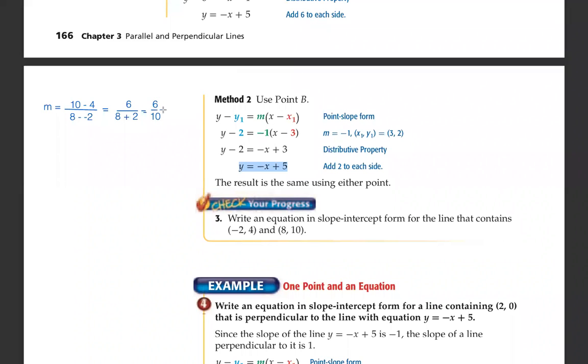And what's the simplified value of 6 over 10? I say 3 over 5. So your slope is 3 over 5.